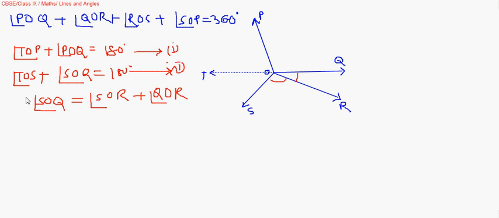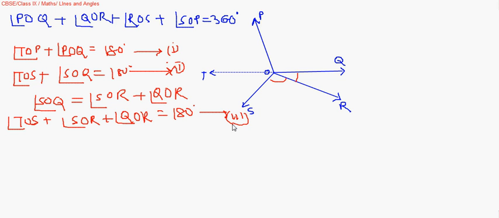So we substitute this part here, and it becomes TOS plus SOR plus QOR equals 180 degrees. This is our third equation. Now I'll add equations 1 and 3.